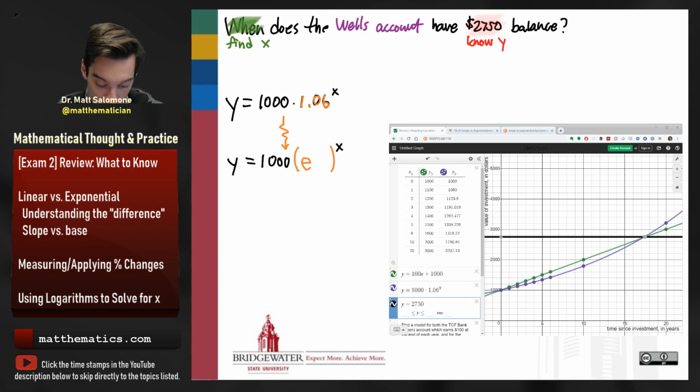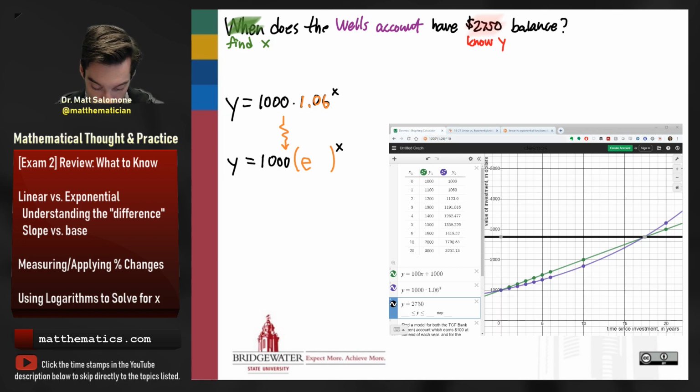If I can figure out what power of e is equal to 1.06, then I just have to replace 1.06 by e raised to that power, and I will get a function model that looks like the P times e to the rt kind of model that we're used to when thinking about equations for present value, future value, compound interest, all those wonderful kinds of things.